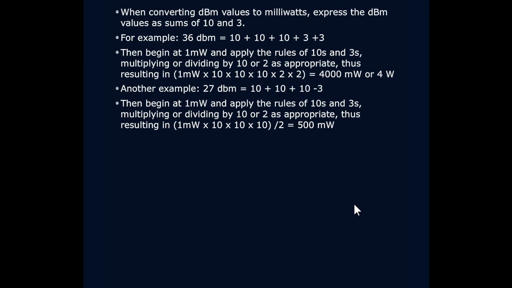Again, we could go small too. What about a number like 2 decibels? Could I figure that out in terms of milliwatts? Well, let's see. How about 2? Let's see, 3 plus 3 plus 3 plus 3 equals 12 minus 10 is going to be equal to 2.